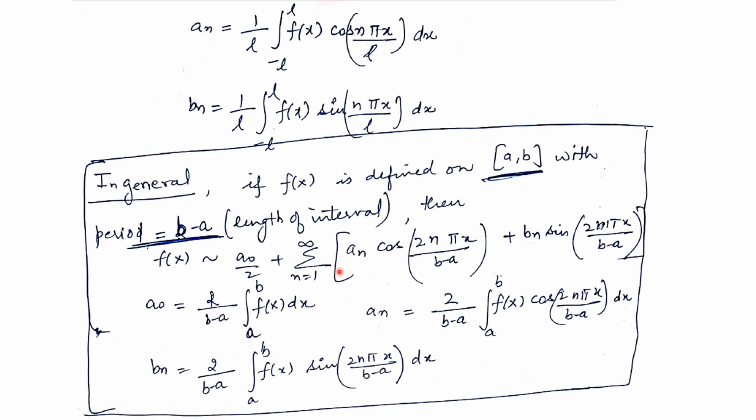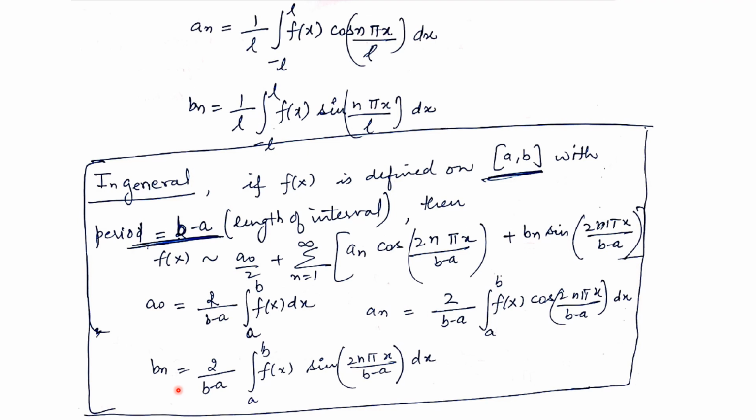So you will get an cos 2n pi x by b minus a, and the same way bn sin 2n pi x by b minus a. Right? Again, for the coefficients, a naught is equal to 1 over half of the period, so that is 2 by b minus a, integration over the interval a to b of f(x) dx, and the same way for an and bn.